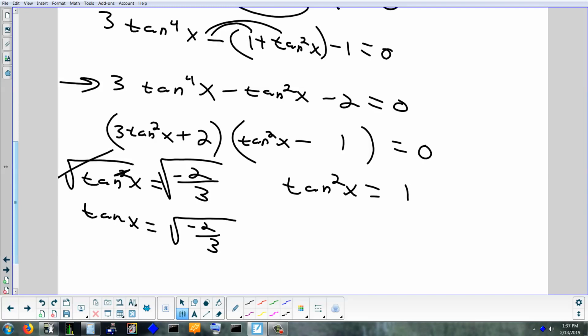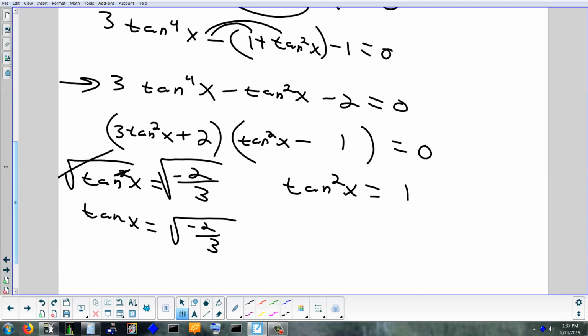Now what? What are we trying to get by itself? X. What's preventing it from being by itself? Tangent. So inverse tangent gets rid of tangent.